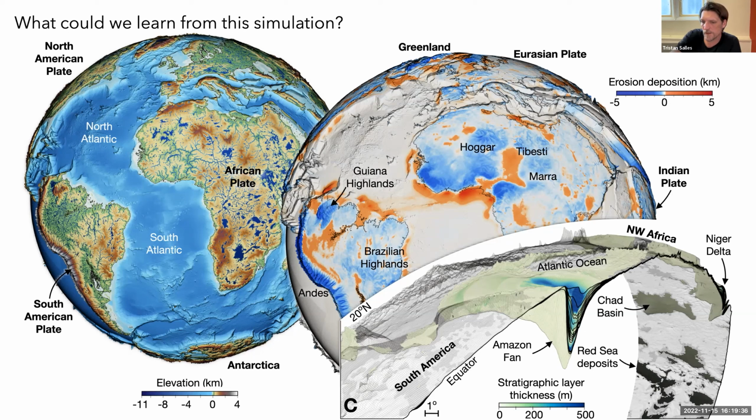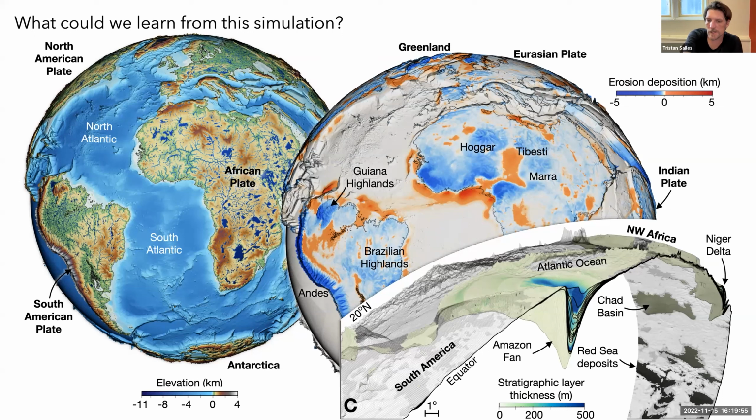The stratigraphy is a slice through the globe around the equator, where you can see the record of sediments which have been transported by the rivers or the hill slope processes from the sources.